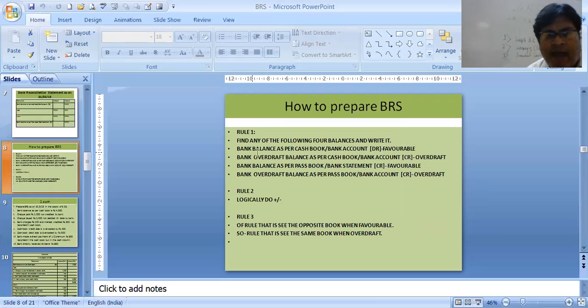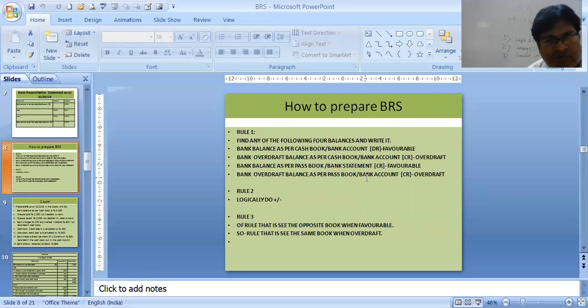It can be written as bank overdraft balance as per cash book. Then it will be overdraft, that means we have already taken out more money from the bank. It has a credit balance in the cash book, that means on our cash book payment side, we have paid more. It can be bank balance as per passbook, or bank overdraft balance as per passbook. If it is bank balance as per passbook, it is a credit balance, favorable, we have money.